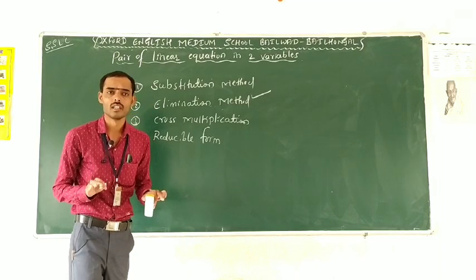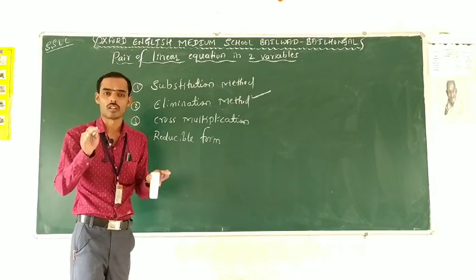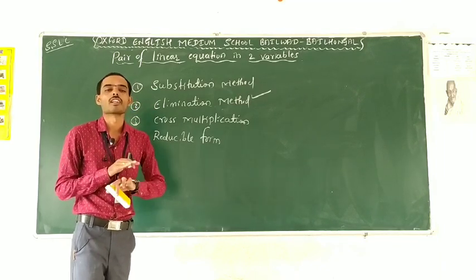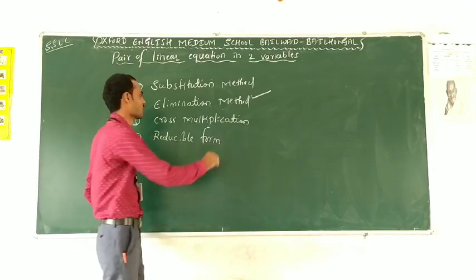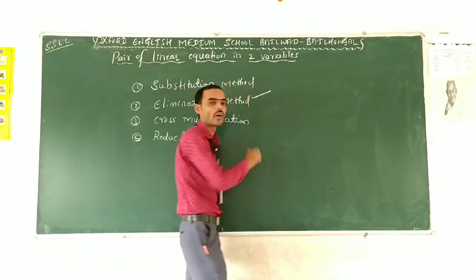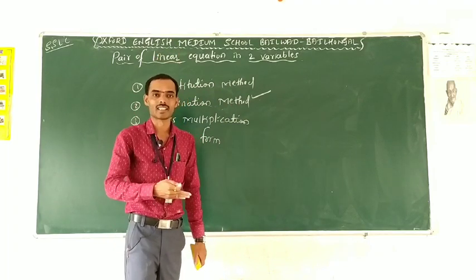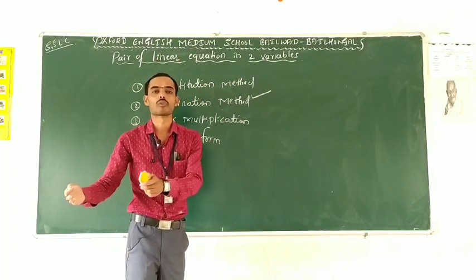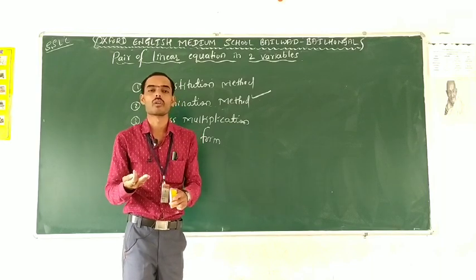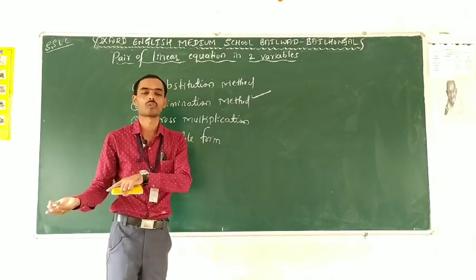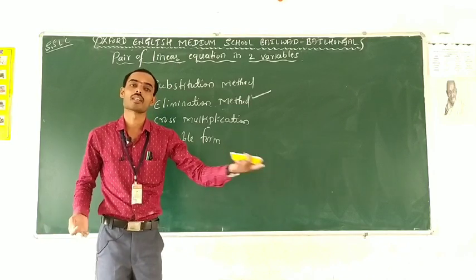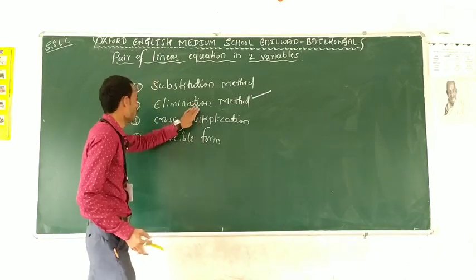They will not insist that you use substitution or cross multiplication, so we can use any method. The elimination method is suitable for finding the value of x and y. Just cancel x first, then find the value of y, then substitute it in any one of the equations to get the value of the other variable also. So this is the best method.